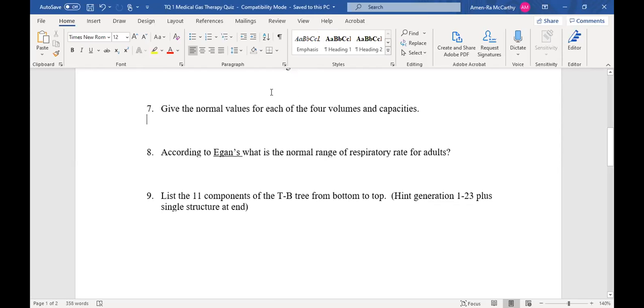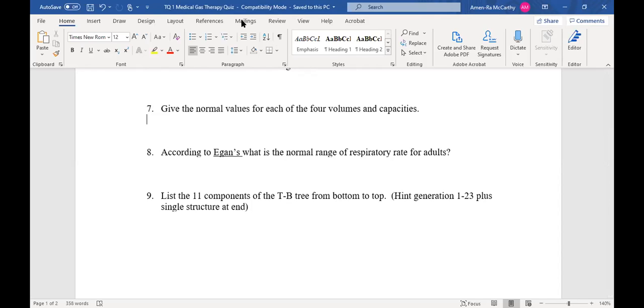Okay. Caleb, what about FRC? 2.4. Good. Miss Rose, what about RV? 1.2. Miss Scott, what about vital capacity? 0.5.